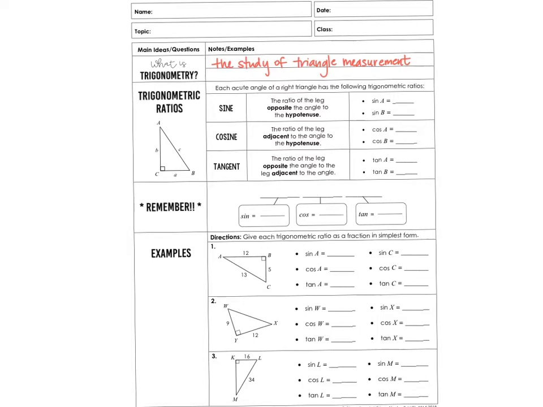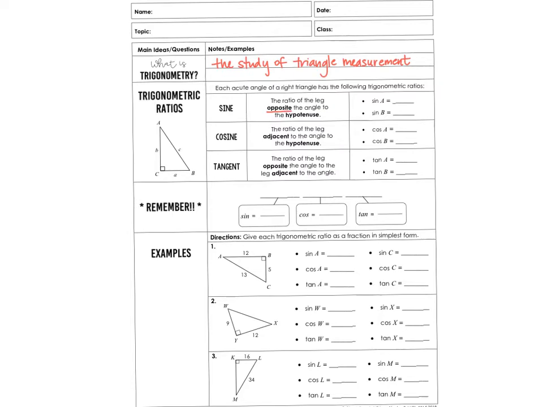In doing so, there are 6 different trig functions, but we're going to be looking at 3: sine, cosine, and tangent. Sine is the ratio of the leg opposite to the angle that you're looking at to the hypotenuse.